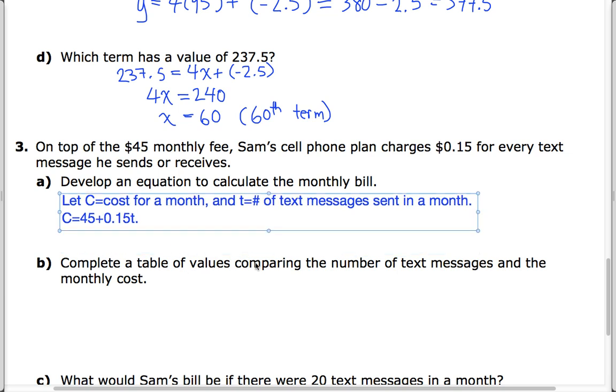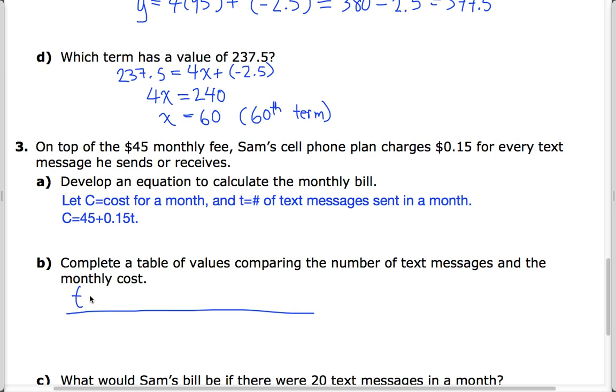So now let's complete a table of values comparing the number of text messages and the monthly cost. So we're going to start off with the number of text messages being 0, and what would be the cost of that, and that would be just $45.